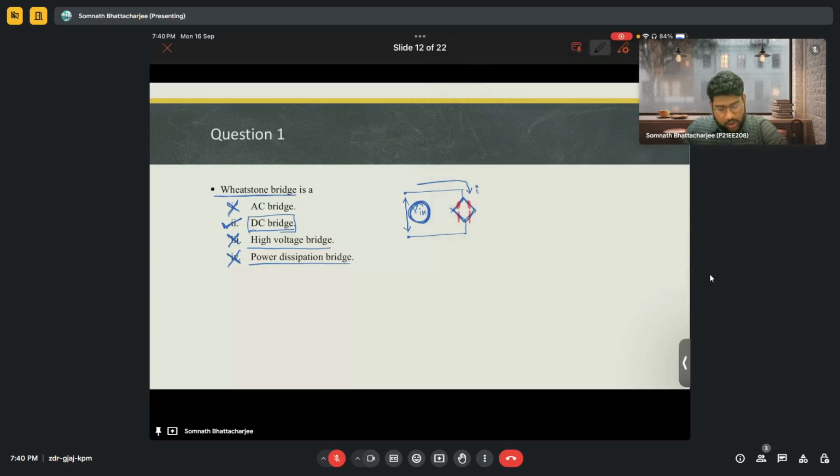Maybe I can explain this a bit. We can simplify the Wheatstone bridge like this.